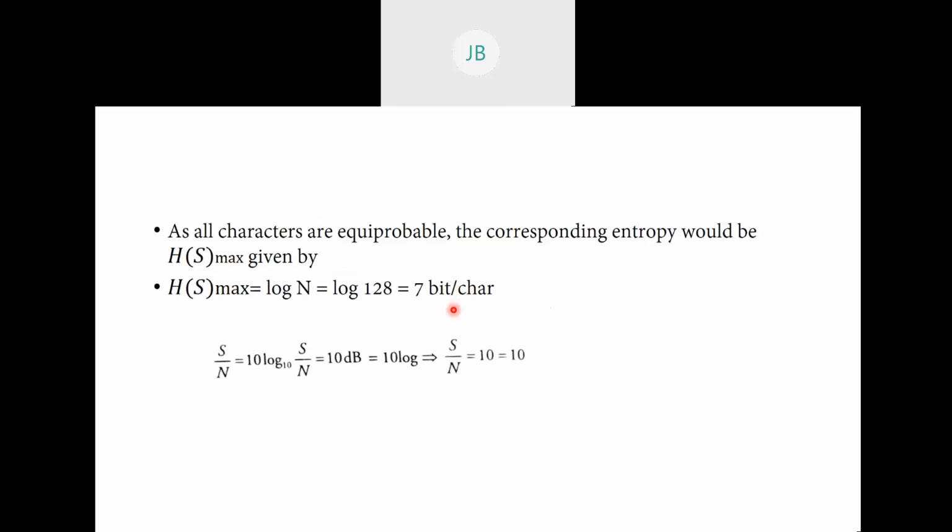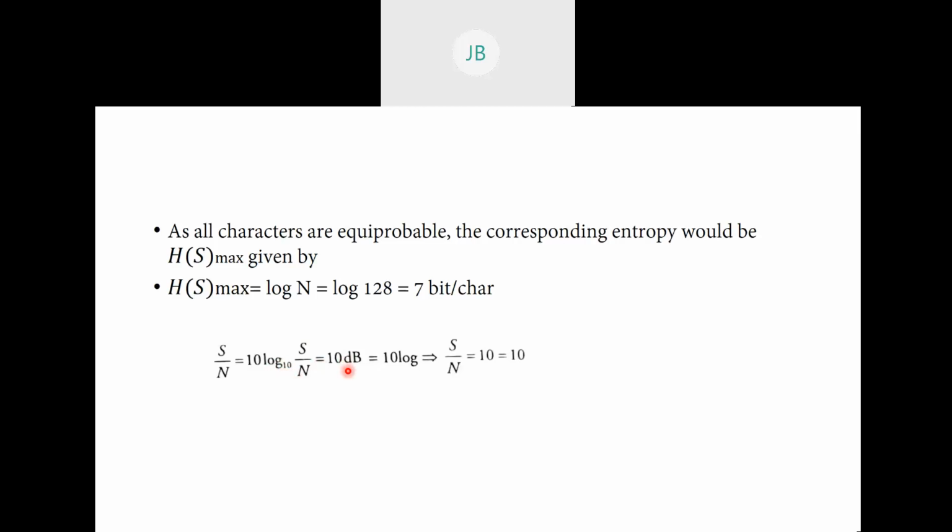Now signal to noise ratio is given as 10 dB. So that is equal to 10 log of signal to noise ratio. We need to find the value of signal to noise ratio on a normal scale. Please note here, this log is base 10 because we are talking about dB.